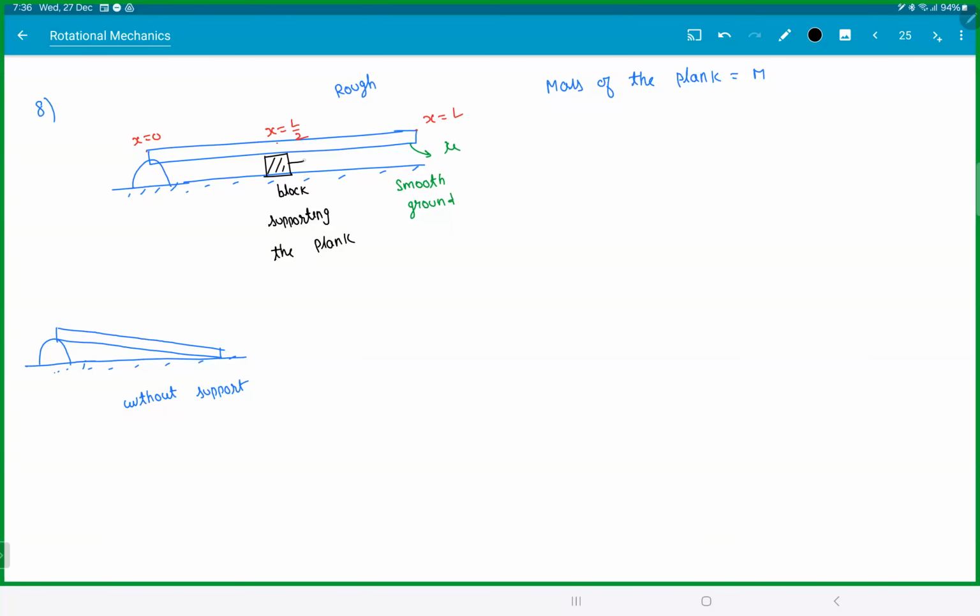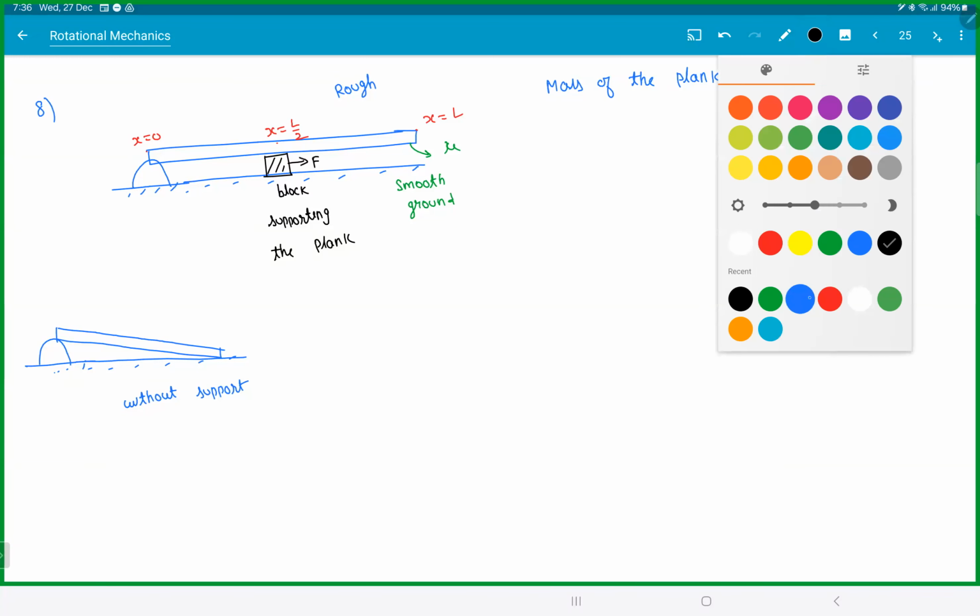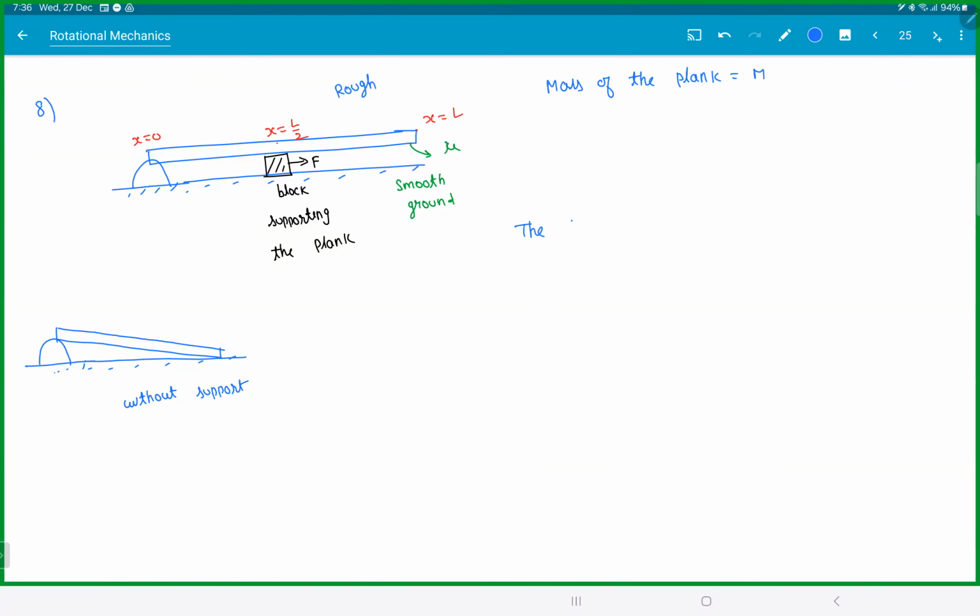Someone started pulling this block outside slowly. The block is pulled out slowly by an external force. How much is the force? We don't know. Find the work done by the force in order to pull the block out.